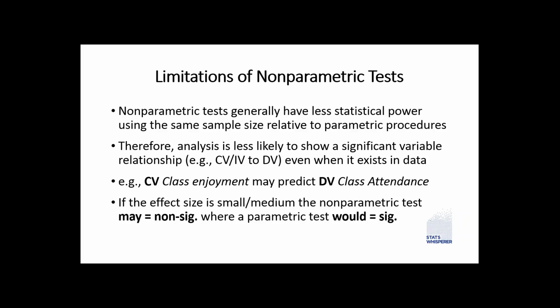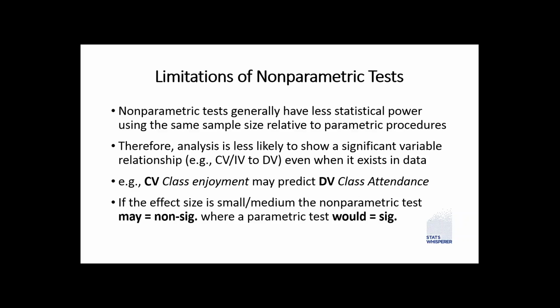For example, limitations. So see the title, limitations of the non-parametric tests. Non-parametric tests generally have less statistical power relative to parametric tests, even when you're using the same sample size. So if you have 25 people in your sample and you apply parametric and non-parametric tests, the parametric generally have more statistical power to detect a significant relationship.